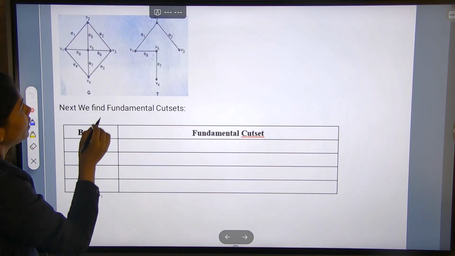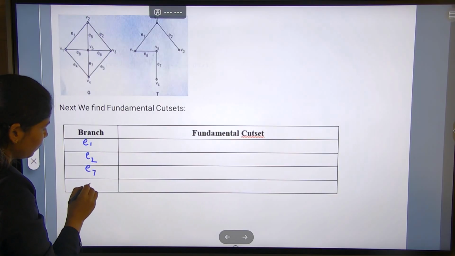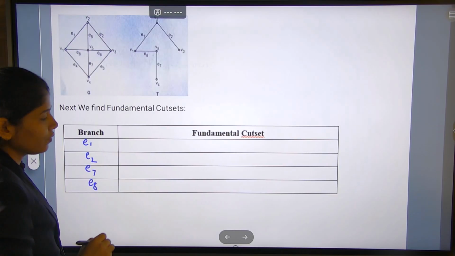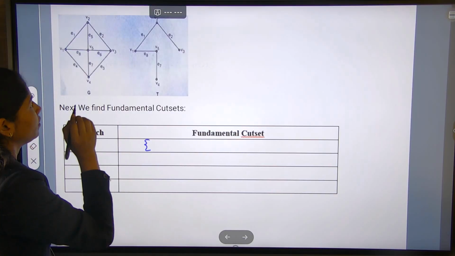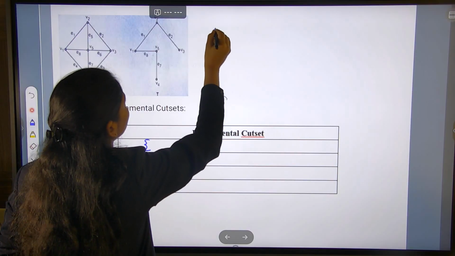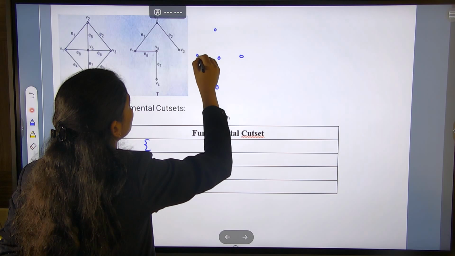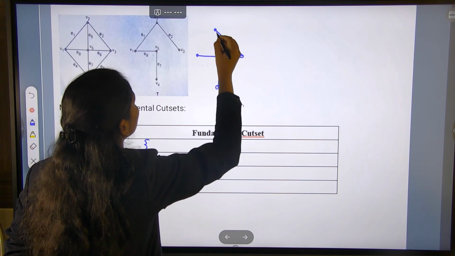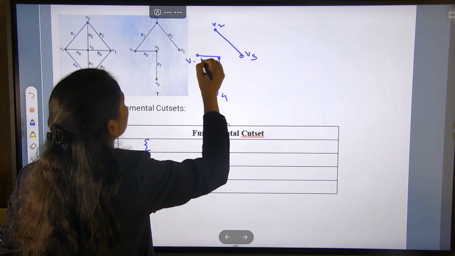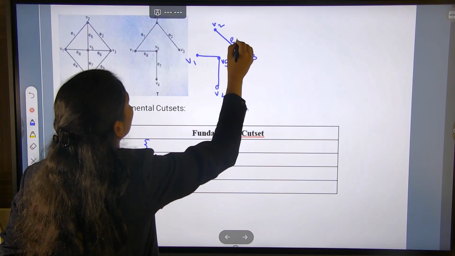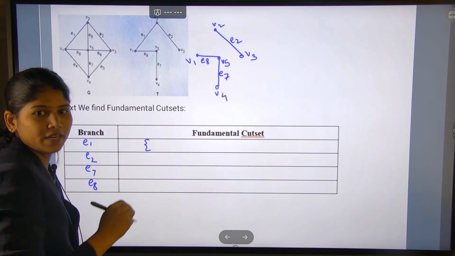So here we are writing E1, E2, E7, E8. Then find the fundamental cut set with respect to each branch. If we remove E1 from that spanning tree, we get two disconnected components.